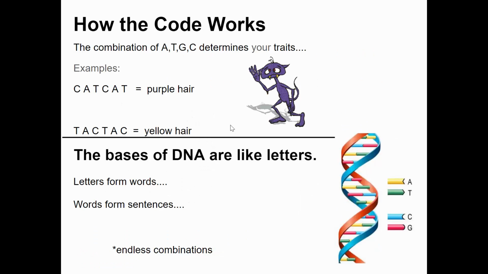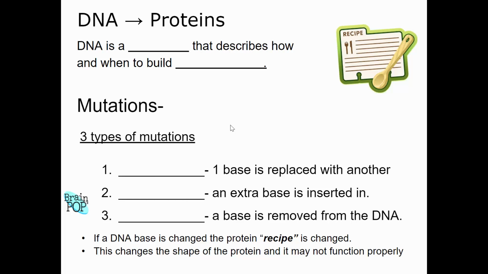The way our DNA works is each set of letters is a code for a certain trait, for a certain protein. CAT might be a gene that specifies purple hair, or TAC might be a different gene that specifies another hair color. That's the way our genetic code works.